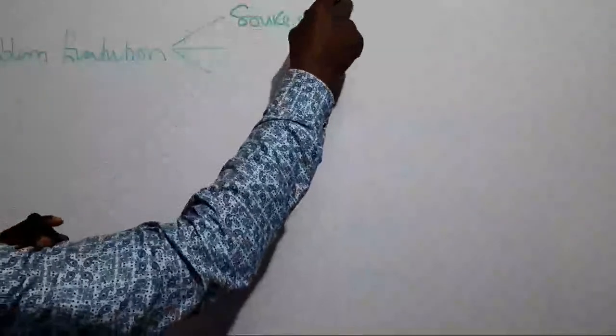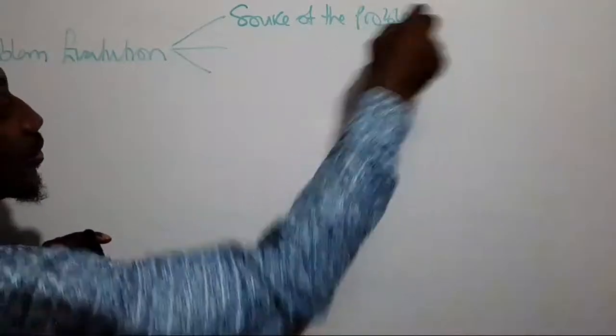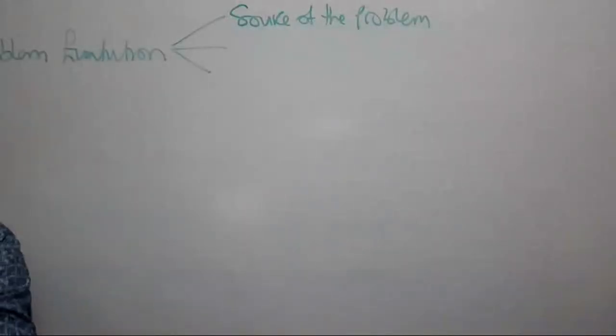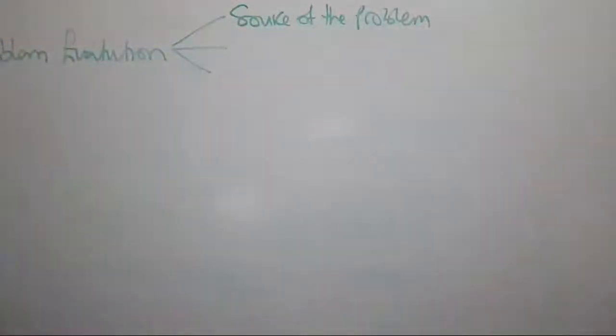So we want to talk about the source of the problem. Don't forget, what you are doing is you are evaluating. Organizations usually face problems or have opportunity due to the following: new products. Now, the source could be a problem, it could be opportunity, but we are being particular about problem now. So we have sources of problem: a new product, or planting of a new branch, new market or new process, failure of existing system, inefficiency.